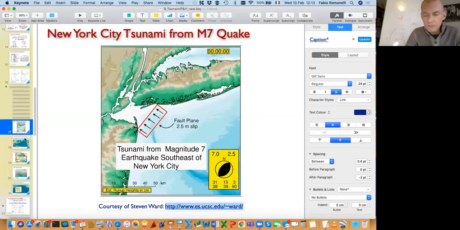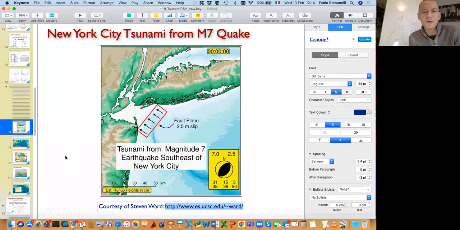You can look at them, because Steven Ward with his beautiful theory was amused also to generate some modeling, not only for mega earthquakes that occurred in reality, but also ones that may occur.